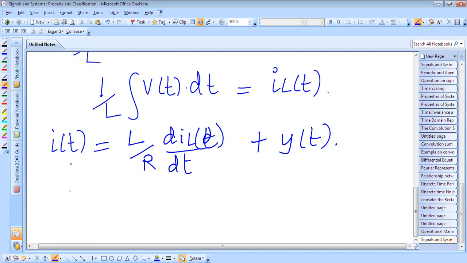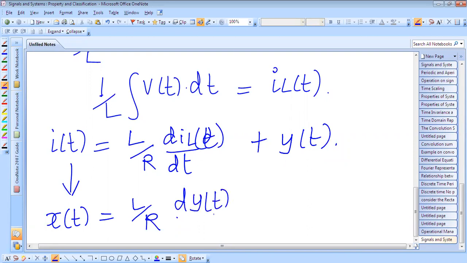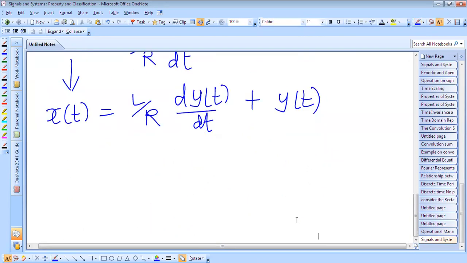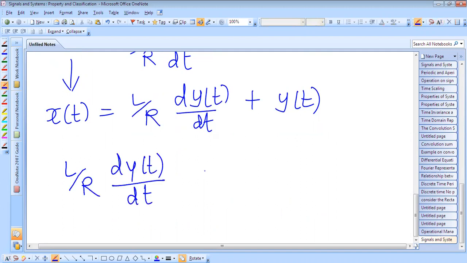So what is this i of t? This is the input, so this is x of t, and this 1 over R. What is the iL of t? It is the output, so y of t. After substituting these values, the relationship we can write like this: L over R into dy of t by dt plus y of t is equal to x of t.